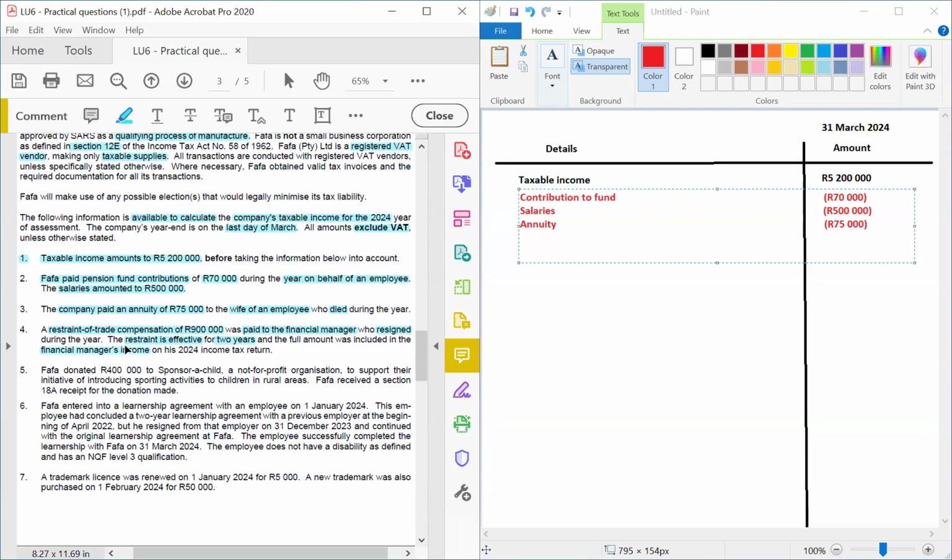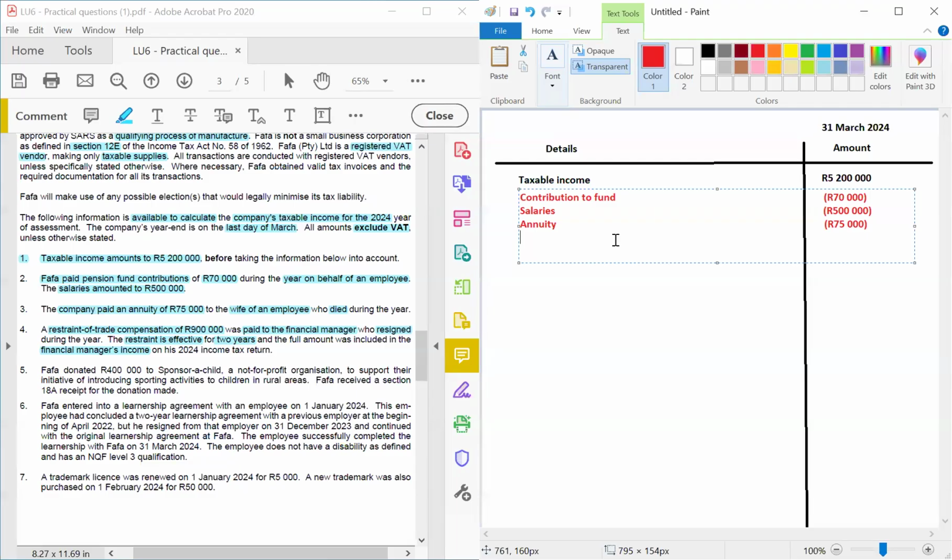The main thing is that a restraint of trade is paid to a former employee. You should take note that only if it is paid to a former employee; sometimes a restraint of trade can be paid to another company, and then that would be a different scenario. Being paid to a former employee, it will also be included in the employee's income, right?